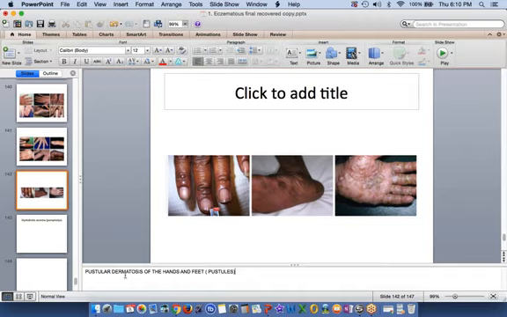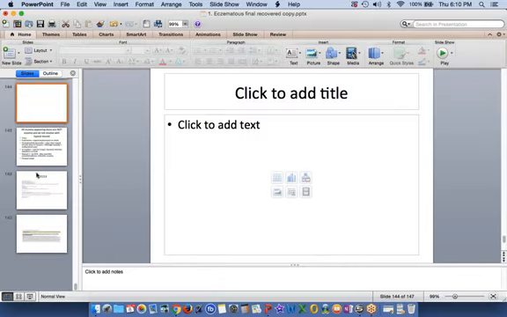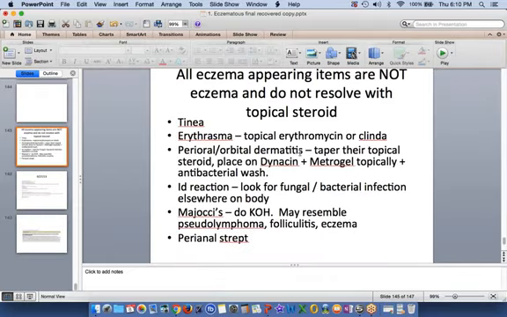Don't confuse that with dyshidrotic eczema because the treatment is totally different. So are you seeing pure vesicles or are you seeing a form of pustular dermatosis of the hands and feet and you just misdiagnose it?